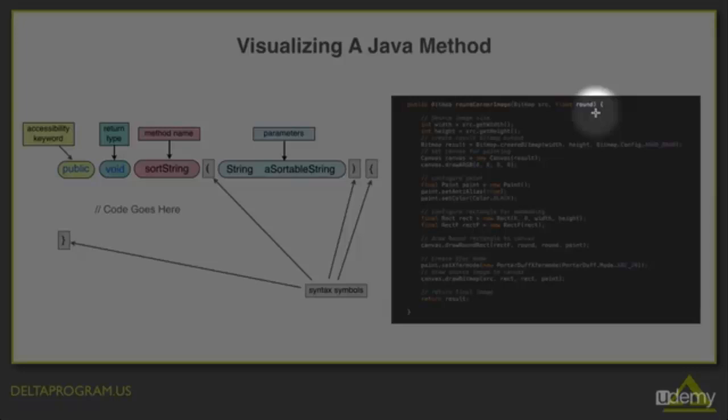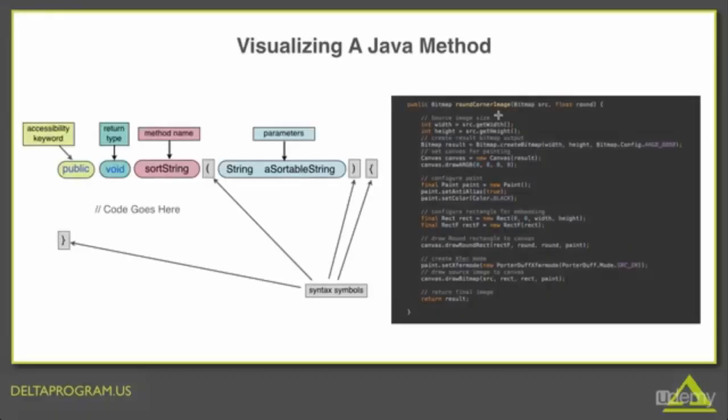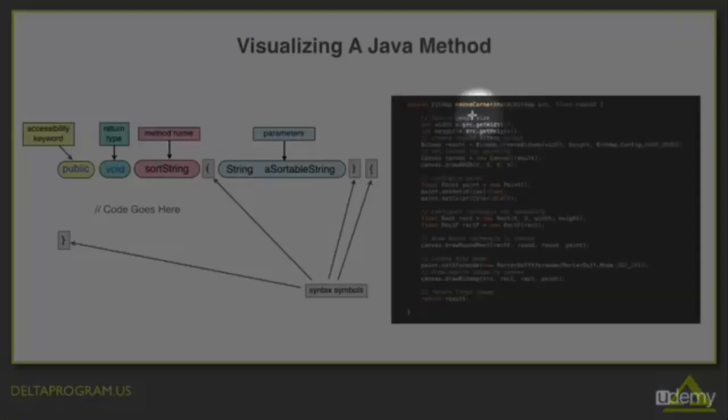And as we can see, the method name comes before, and is in this case, roundCornerImage. So when you refer to this method elsewhere in the code, you should expect to see roundCornerImage as the name used. Notice also the camel case used to define the method name, with the lowercase r, capital C, capital I.